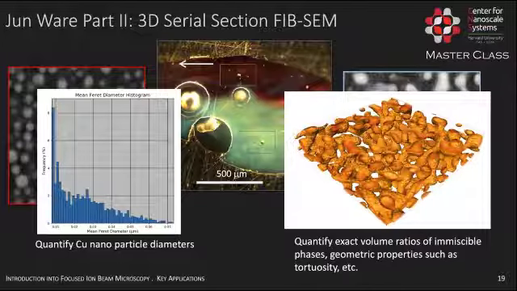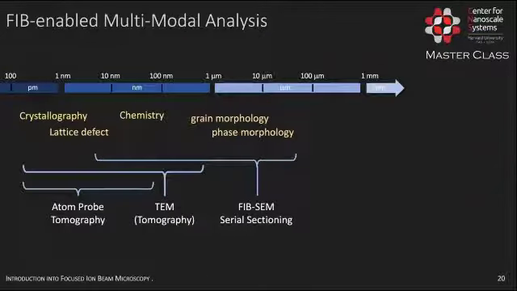And we can get all these geometric properties like tortuosity, etc., that some of you might be familiar with from CT tomography. So in summary, focused ion beam gives us the opportunity to get crystallographic, chemical, and morphological information over multiple length scales in a very targeted fashion.